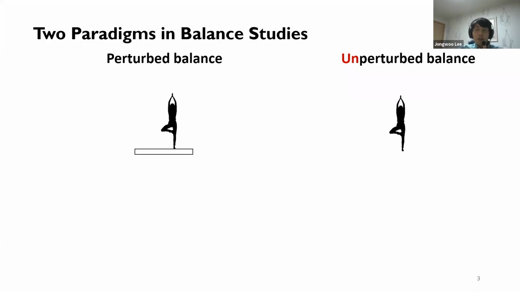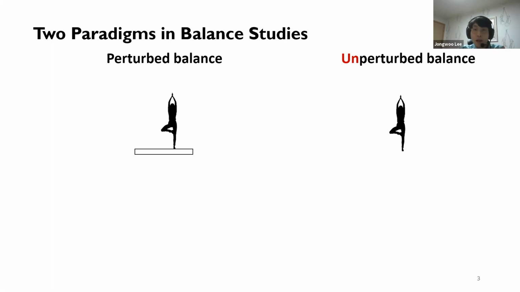So there are two experimental paradigms in balance studies, perturbed and unperturbed. In perturbed balance, you apply external perturbation to the human subjects, and you examine how they react to it.